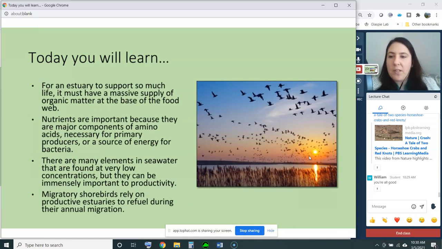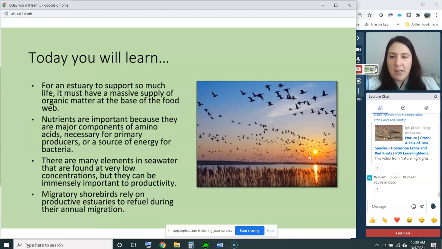So the learning goals for today are to understand that for an estuary to support so much life, it has to have a massive supply of organic matter at the base of the food web. And we'll learn about where that organic matter comes from. We'll learn that nutrients are important because they are major components of amino acids. And that means they are necessary for primary producers in terms of building their components, or they are a source of energy for bacteria.